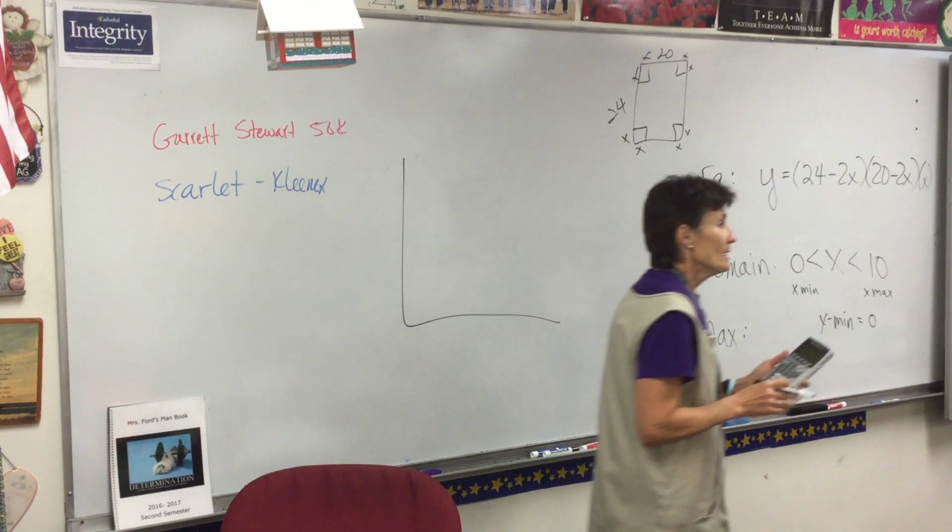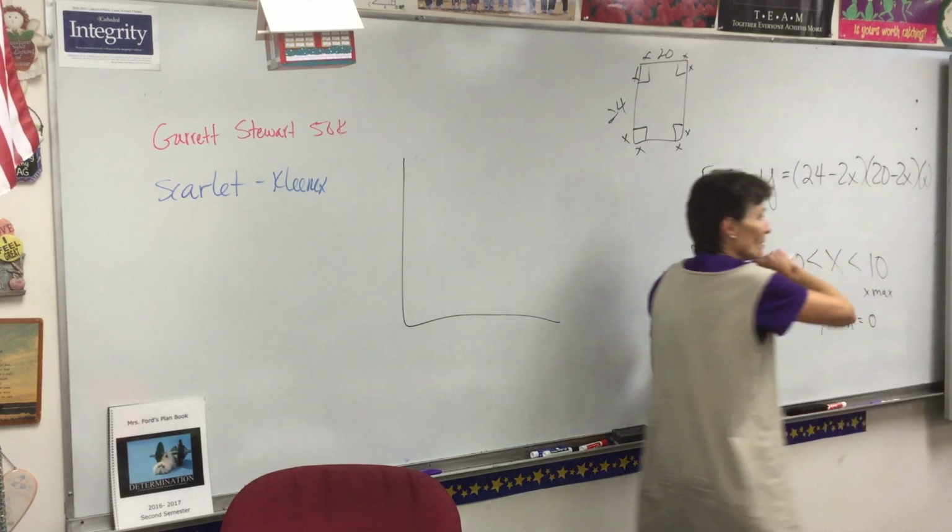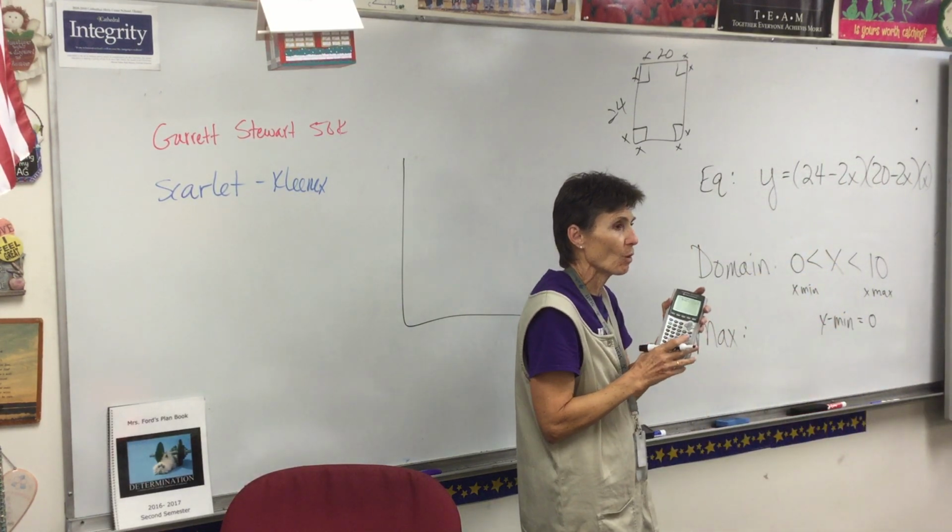Okay? Now, here is the biggest mistake, and this is kind of unbelievable, but this happens all the time. At this point, kids will hit graph. And unfortunately, it won't graph the right equation because you haven't put this equation in. You've got to put this equation in. Otherwise, you're going to be graphing the wrong equation and getting the wrong answer.